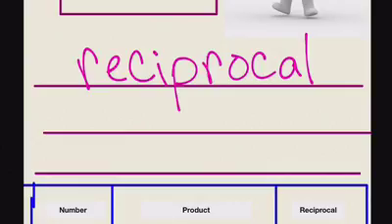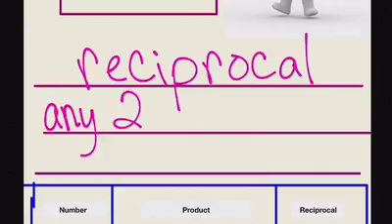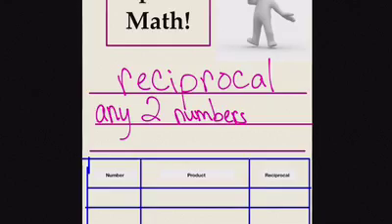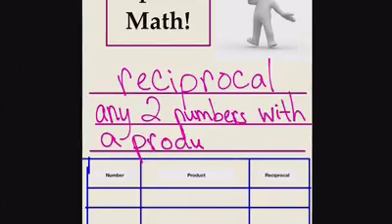A reciprocal is any two numbers with a product of 1. And I'll show you an example in a minute. And remember, product means multiplication.